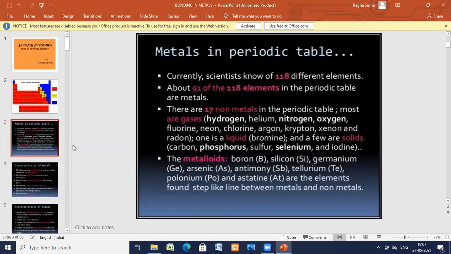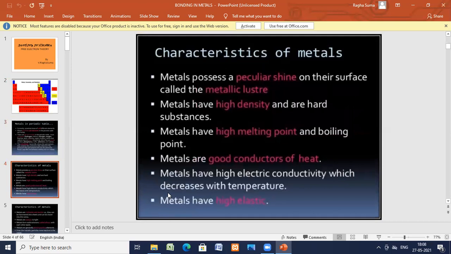So in the periodic table, you have seen the metals and 17 non-metals, and the remaining are the metalloids. The general characteristics of metals are: they have shining and metallic luster, they have high density, they are hard substances, they have high melting and boiling points, they are good conductors of heat, and they have high electrical conductivity which decreases with temperature.